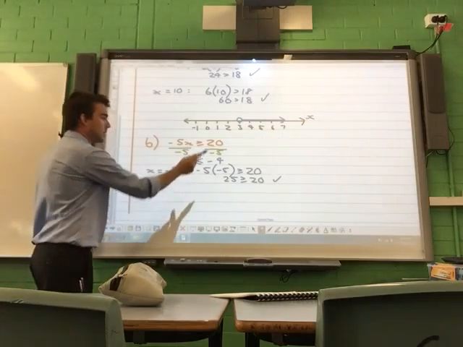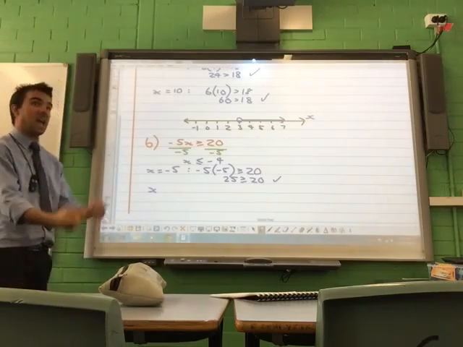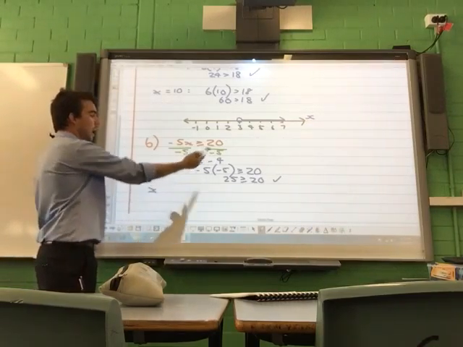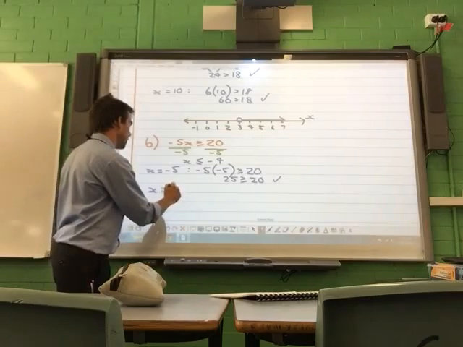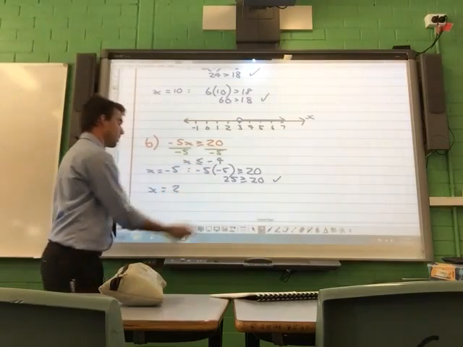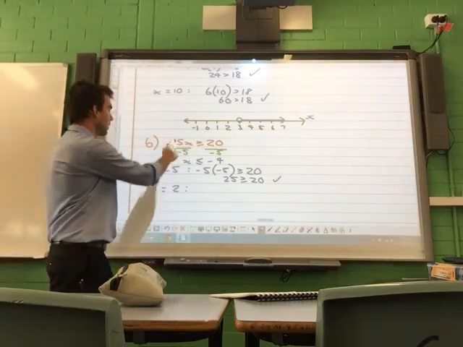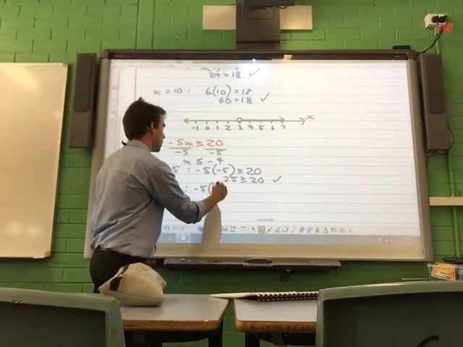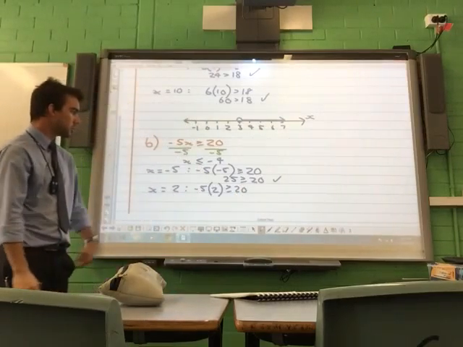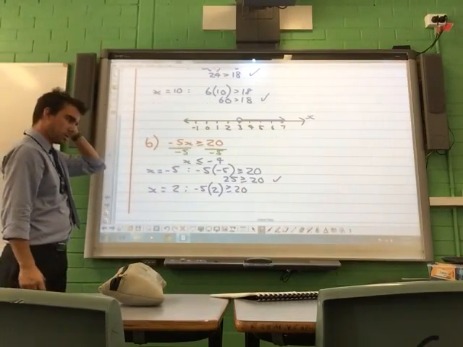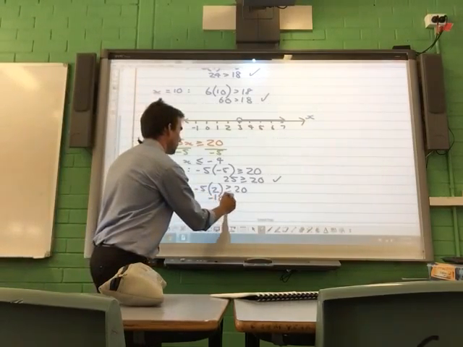Alright, what happens if you go the other way? So the solution with x is less than or equal to -4. If you forget to change that sign, so if you said x is greater than or equal to -4, okay, so if you had x as a positive number too, so -5 lots of 2 is greater than or equal to 20. So substituting 2 for x, the negative times positives are negatives.